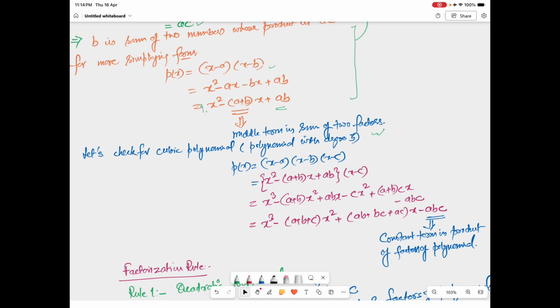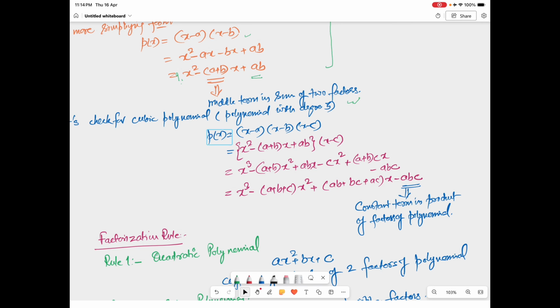Similarly, if I take a cubic polynomial and multiply it, you can see that first I have multiplied x minus a with x minus b, and then I have multiplied the result with x minus c. We see that the last term has abc. This is also an interesting thing to understand. See, x minus a, x minus b, x minus c, that is, a, b, c are the roots.